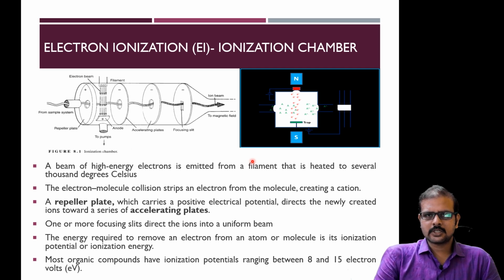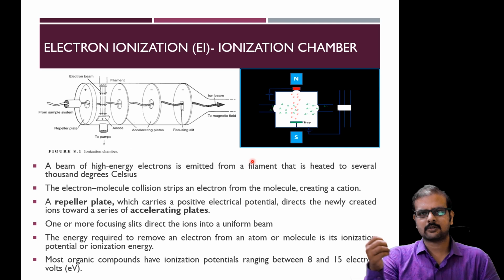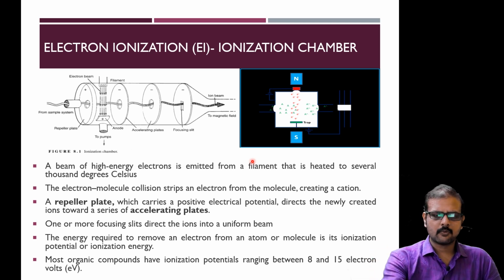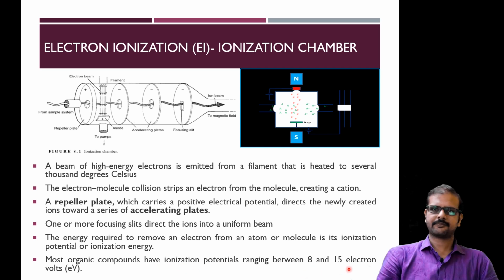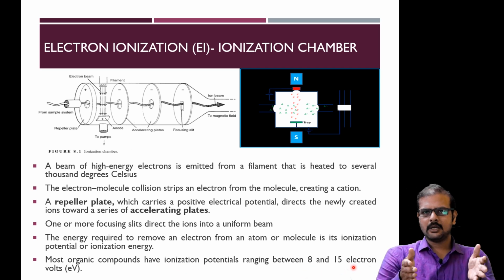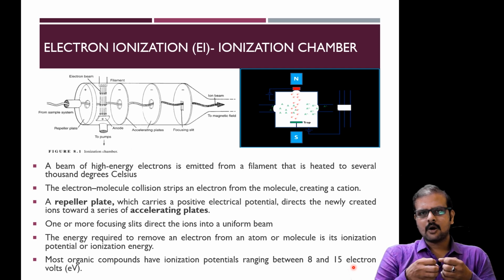Suppose the ionization potential of the molecule is low. Then less energy is required to take out an electron from the molecule. For organic compounds, the energy required to eject an electron is in the range of 8 to 15 electron volts.